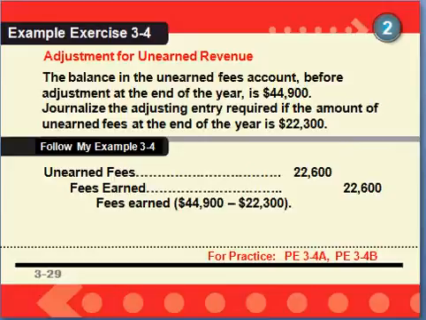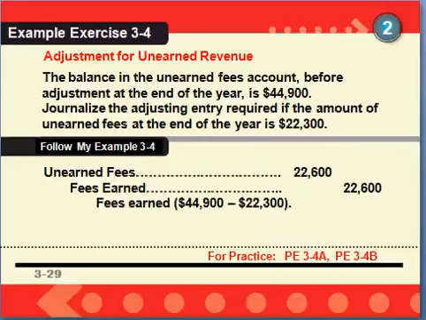So we would subtract the $22,300 from the $44,900, and we come up with $22,600. We would debit the unearned fees for $22,600 and credit fees earned for $22,600.